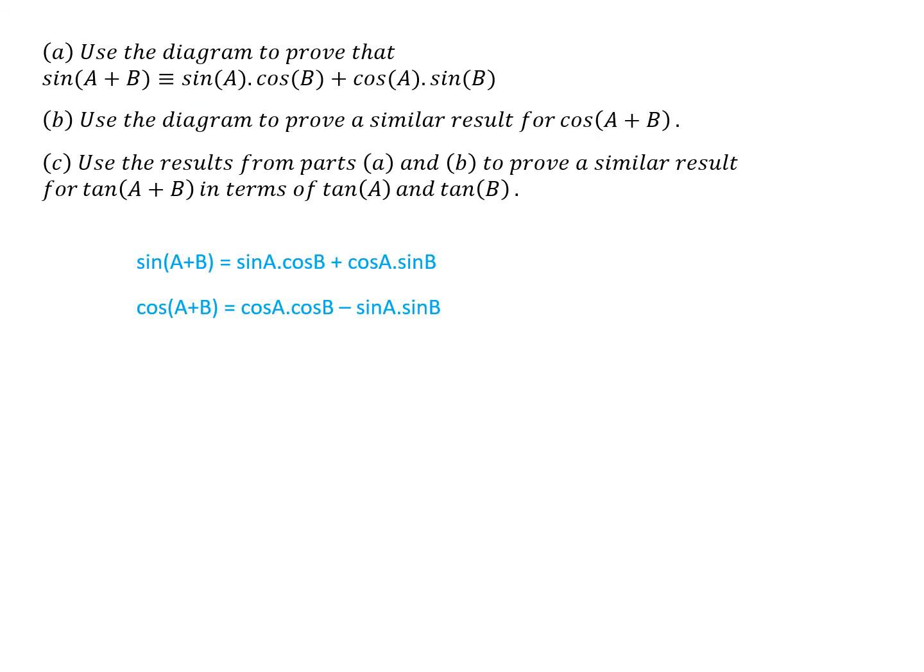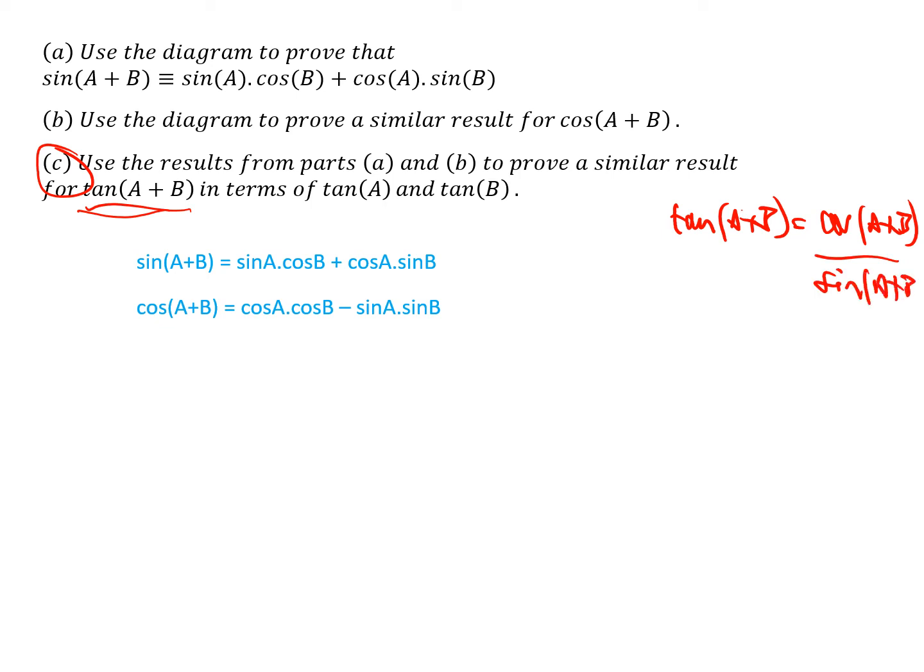And we're going to use these two results now in part C to prove a similar result for tan of A plus B. So tan of A plus B is going to be the same as sine of A plus B over cos of A plus B. So let's see what that looks like.